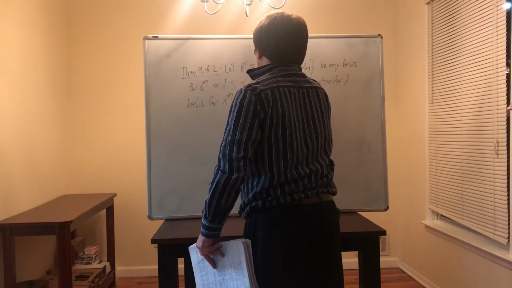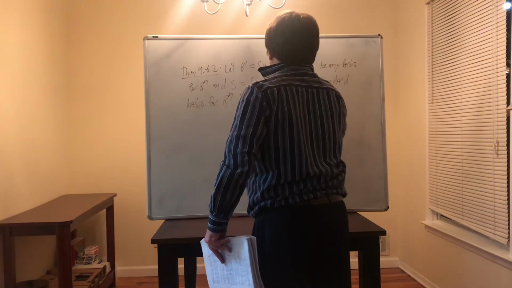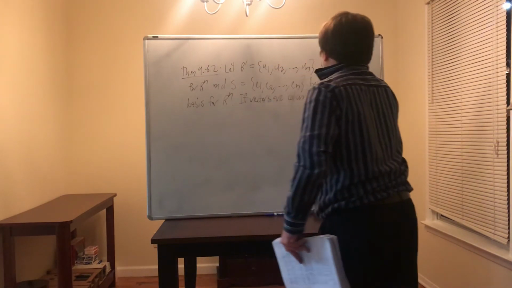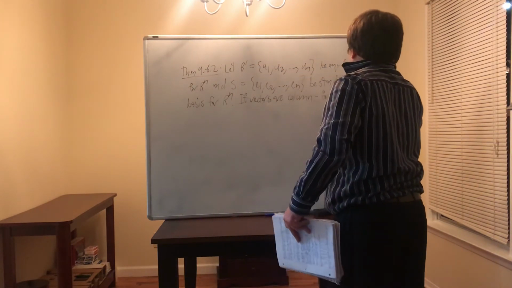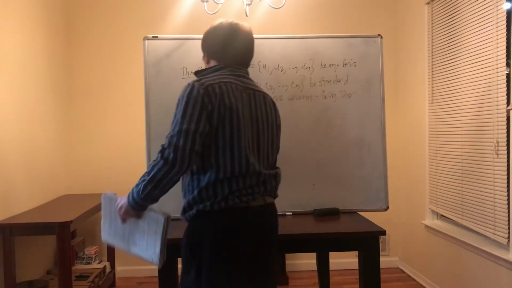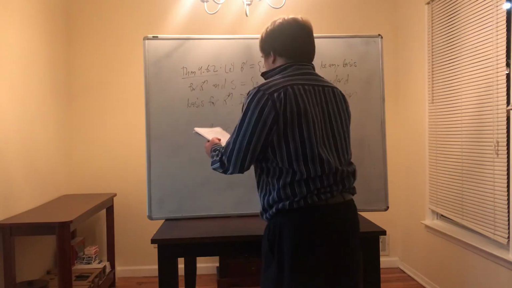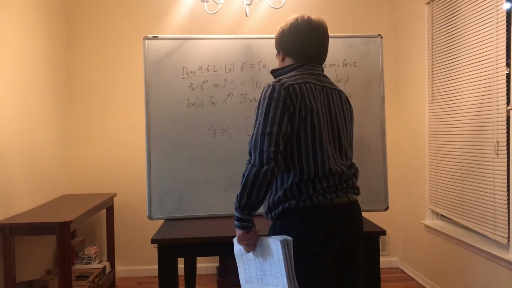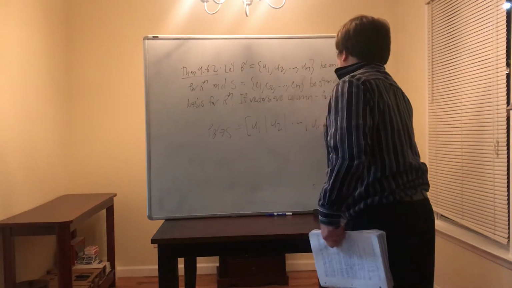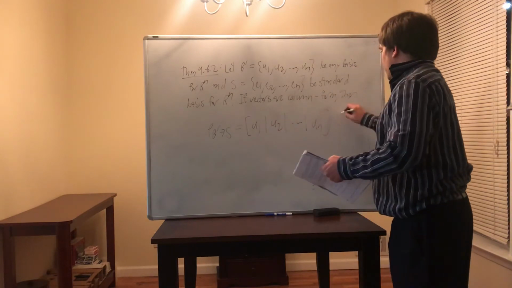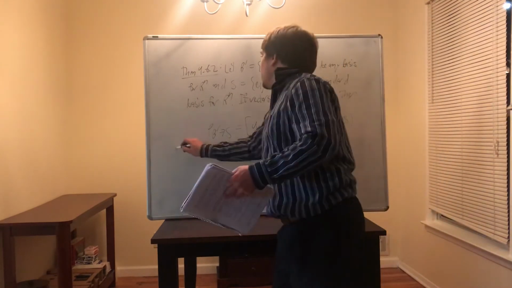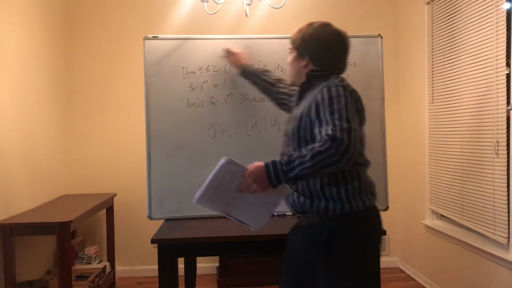If the vectors are in column form, then the transition matrix from B prime to S is equal to this. This is equation 15 in this section. This is theorem 4.6.2.